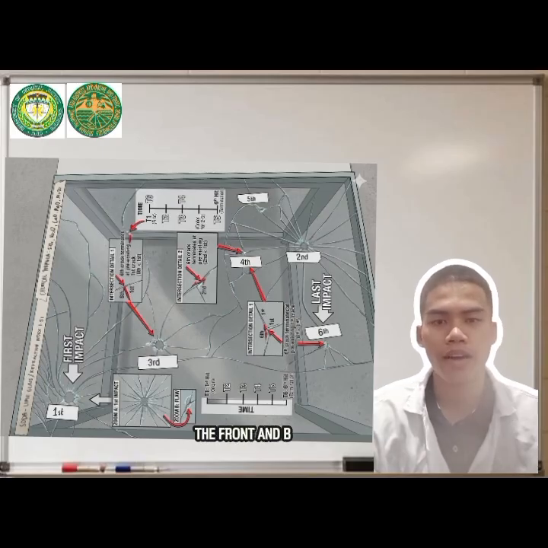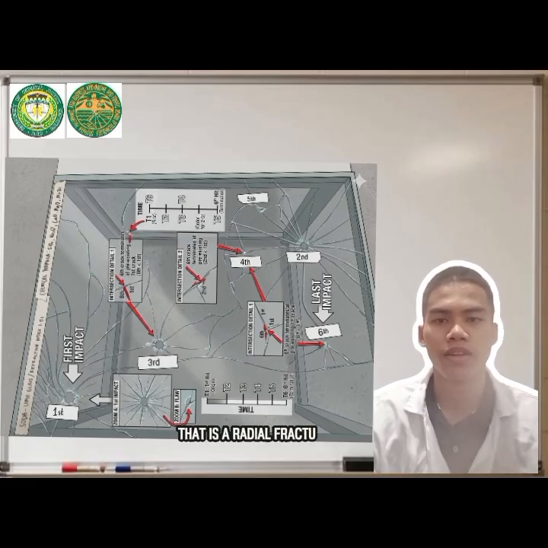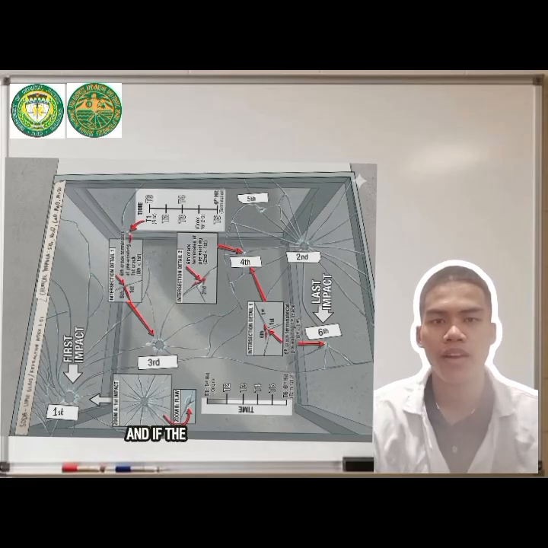The front is the side where the projectile came from, while the back side is the opposite side, or the exit side. The final tip: if the right angle is on the back side, that is a radial fracture, and if the right angle is on the front side, that is concentric fracture.